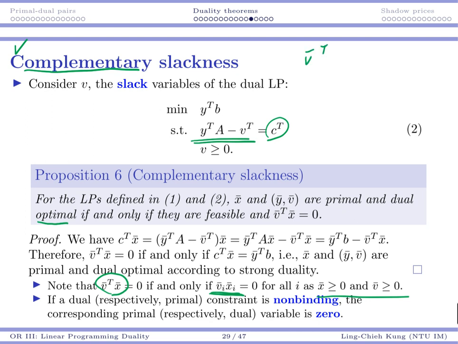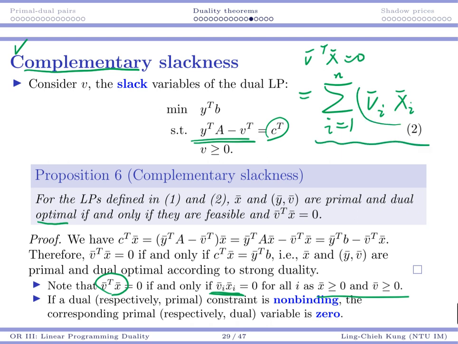If V bar transpose X bar is 0, then the sum of V bar i times X bar i, for i from 1 to n, is 0. Because each pair can be no less than 0, it must be the case that all the pairs are zeros. So for any primal variable, the corresponding dual slack product would be 0.